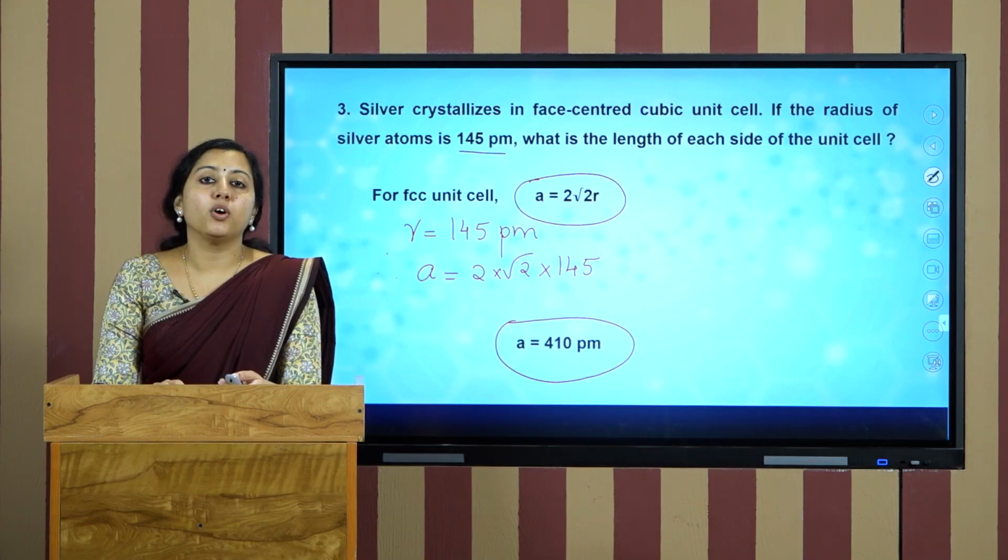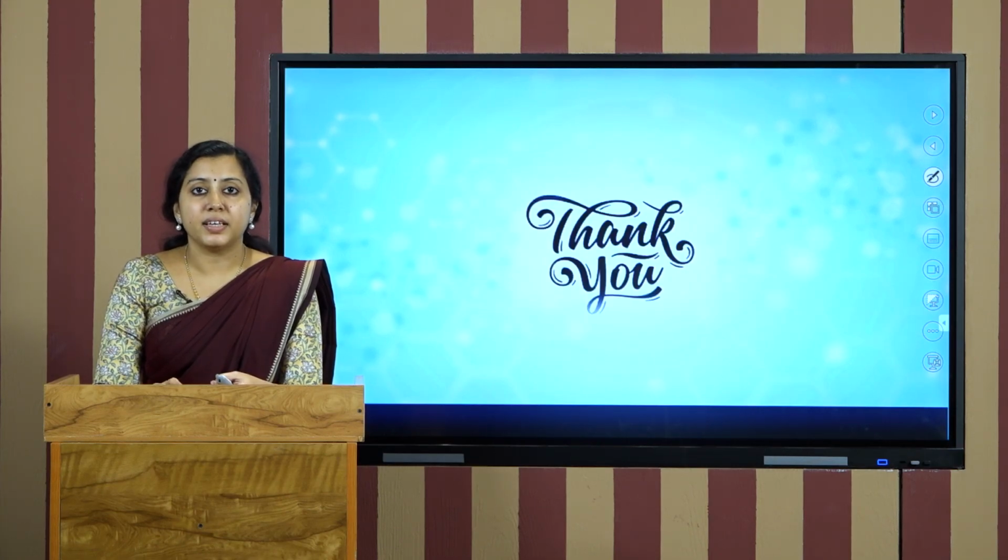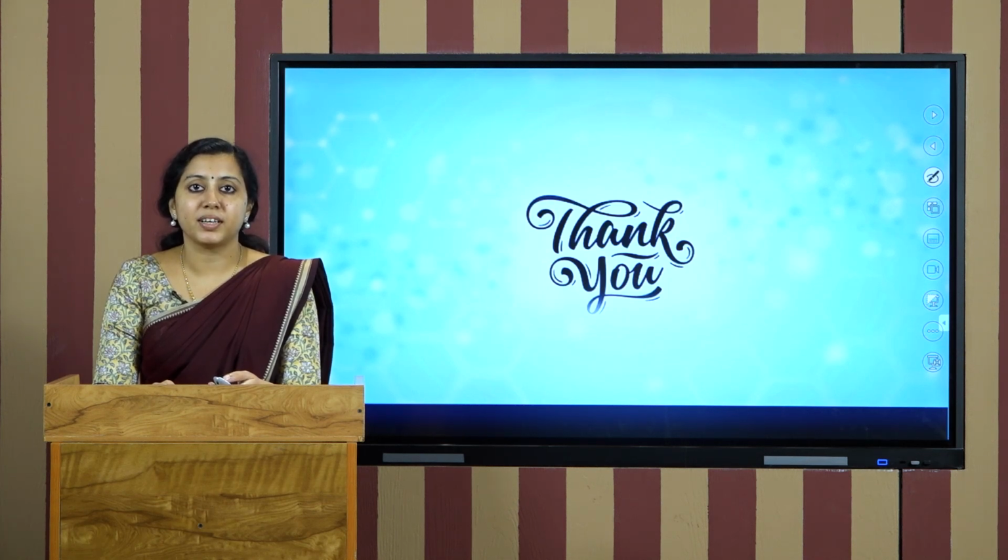Further, we also discussed the close packing of spheres in different types of unit cells, that is in simple cubic, body centered and face centered cubic arrangements. In the next class, we will have a detailed discussion on the packing efficiency and packing fraction of various close packed arrangements. Thank you.